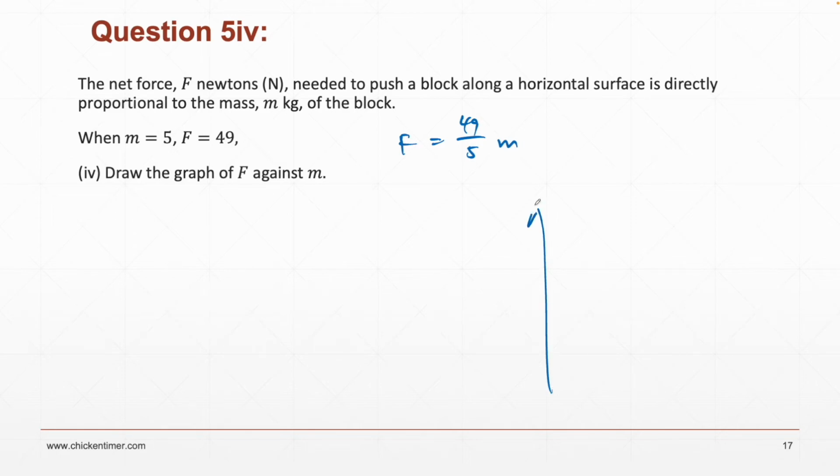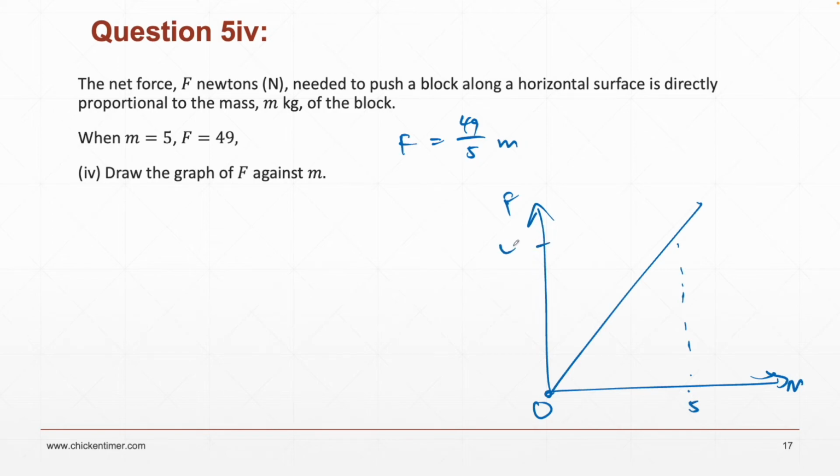So we can do F against m, and then we draw a straight line cutting through O. Then we can add in the values: when m equals 5, F is 49. Then when m equals 14, the value up here would be 137.2. So it's just a sketch, so you can draw it like that.